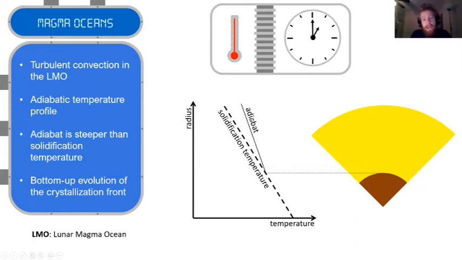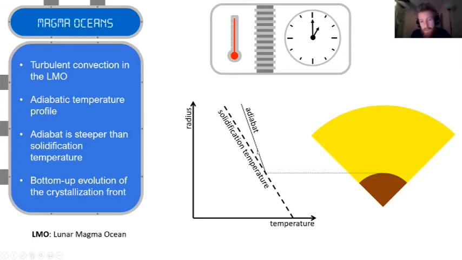And you want to compare that to the solidification temperature of the material. Whenever you're below the solidification temperature, you have a solid-like behavior, at least from a dynamical point of view, whereas when you're above this temperature, you are liquid. It turns out, as you can see on this diagram, that the solidification temperature has a stronger gradient with depth, or radius, if you will, than the adiabat.